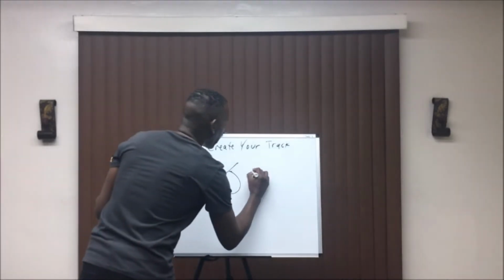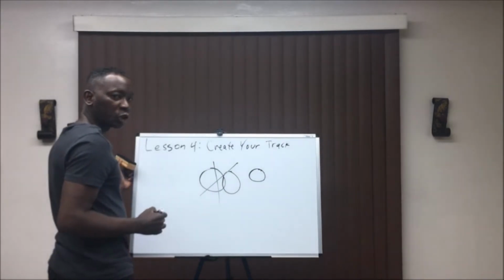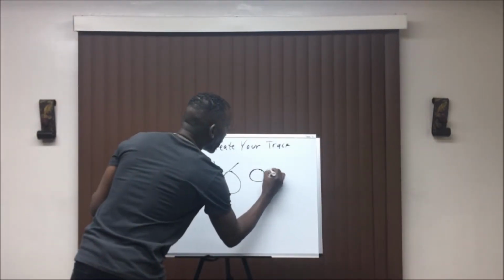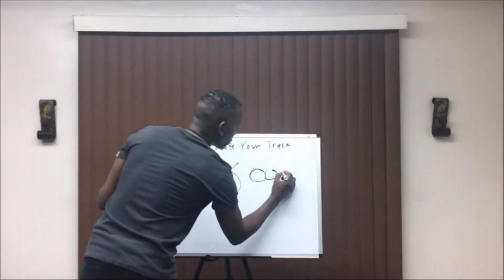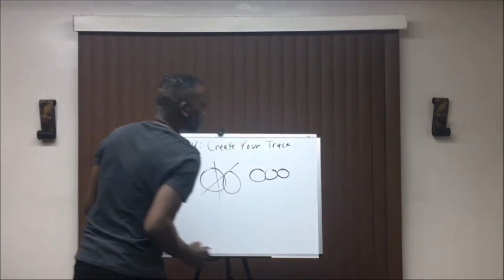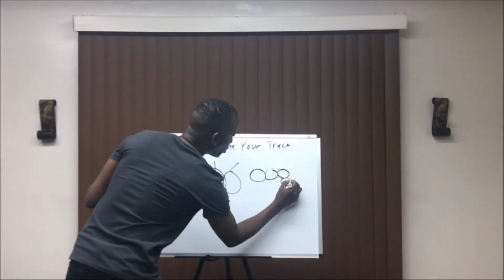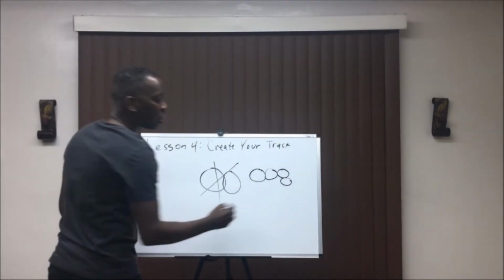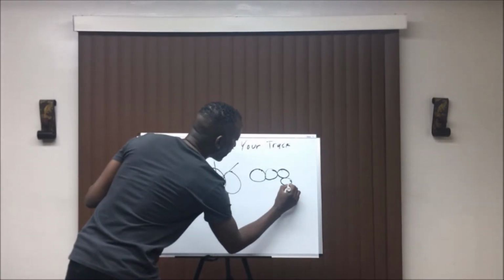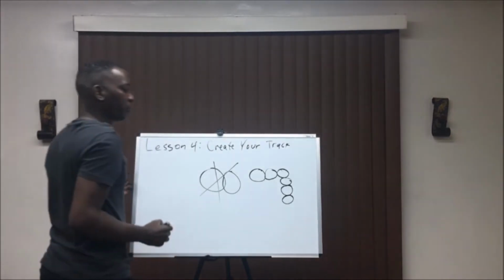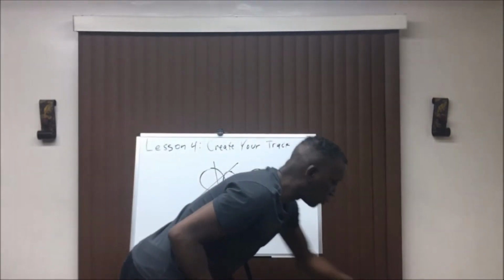You want to do it this way. Take your time and trace your shape, and then the next one should be right next to it. So you want to create a track where your shapes are side by side. Side by side, like that. So it's just that simple.